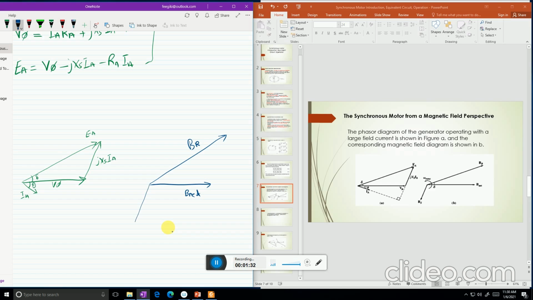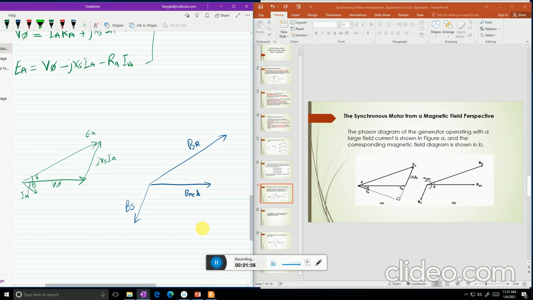So that's how the magnetic field looks like. BR produces EA, B net produces V phase, and the stator magnetic field produces the armature reaction. That we already studied in the synchronous generator.